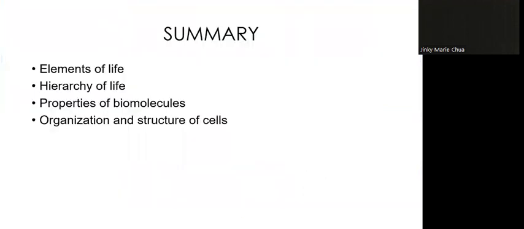As a summary, we talked about the elements of life, the CHON, the hierarchy of life from atom to cells, and the properties of biomolecules, we have four, starting from the sense or directionality, ending with the weak forces. And then we have the organization and structure of cells.